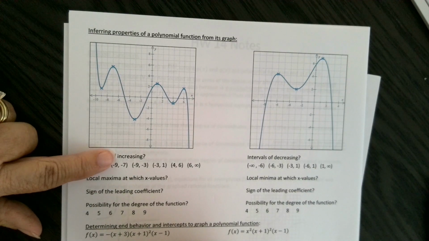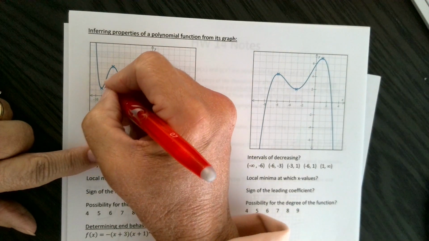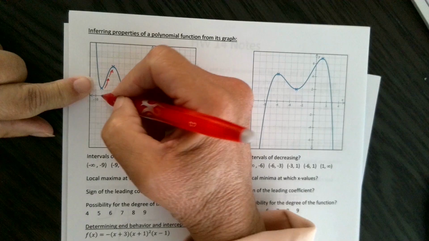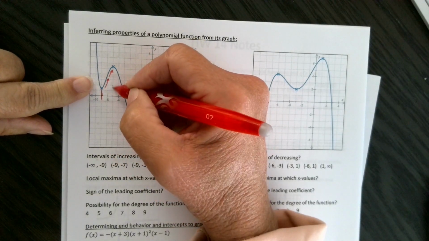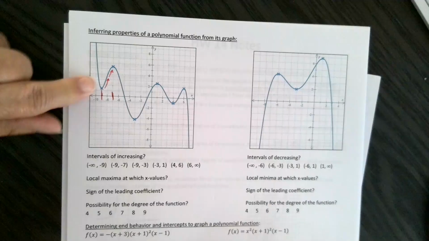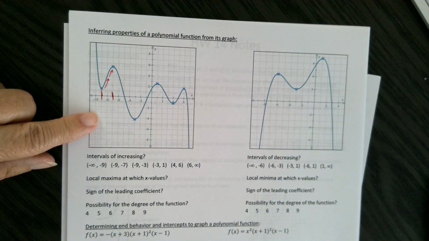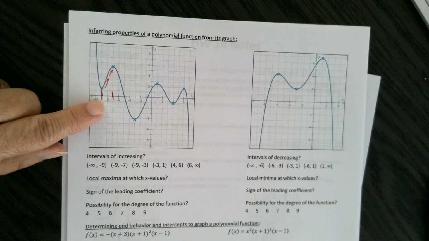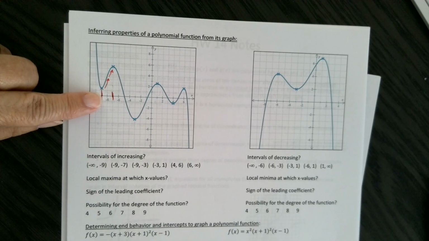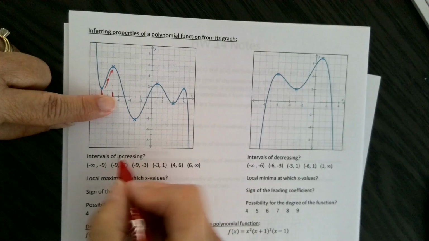So it's increasing here to here. That means between here and here, it is increasing. Your x values only. We talked about this in the last unit. So from -9 to -7.